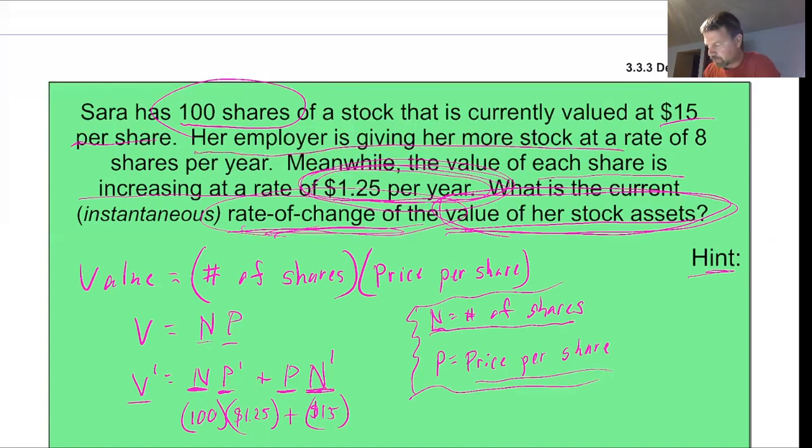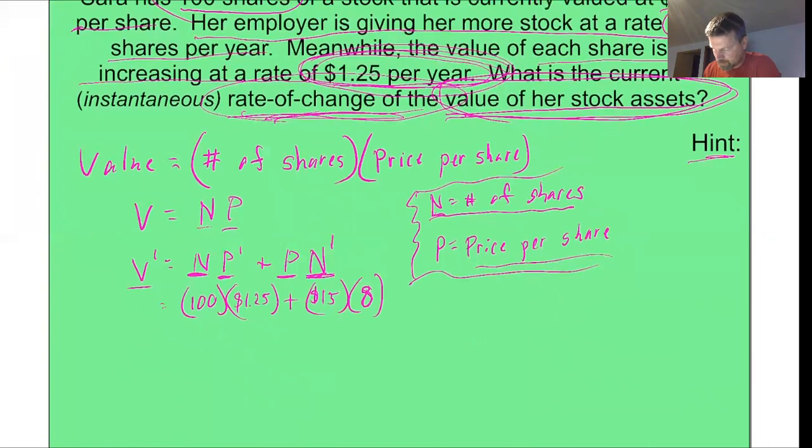Her employer is giving her more stock at a rate of 8 shares per year. Plug those numbers in. $1.25 times 100 is 125. 15 times 8 is 120. So this is changing at a rate of $245. This is actually dollars per year.